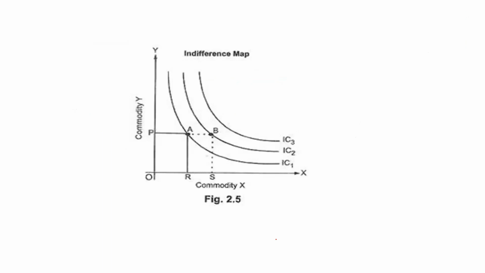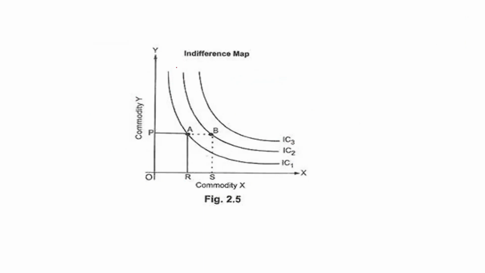So if we are plotting different indifference curves, this is IC3, which means indifference curve third, then indifference curve second, indifference curve first. Here is the OX axis, and units of commodity X are given on this axis, and commodity Y units are given on the OY axis.